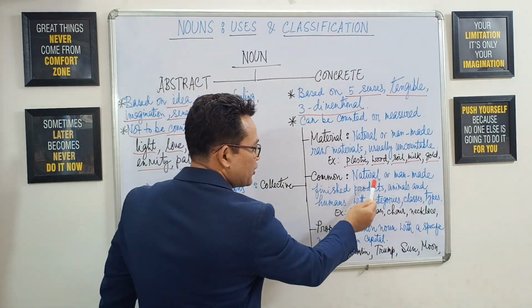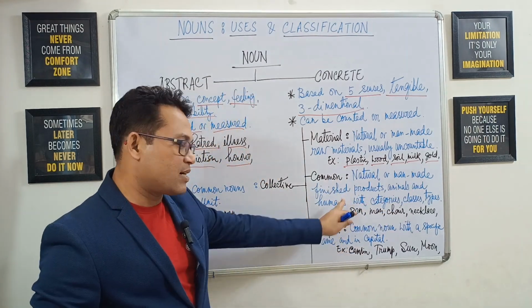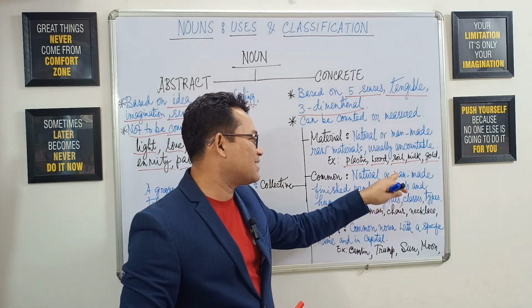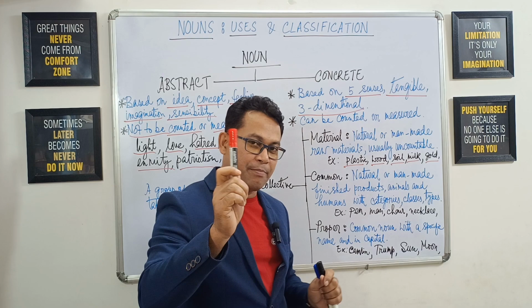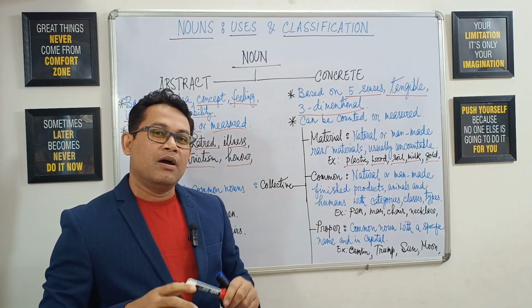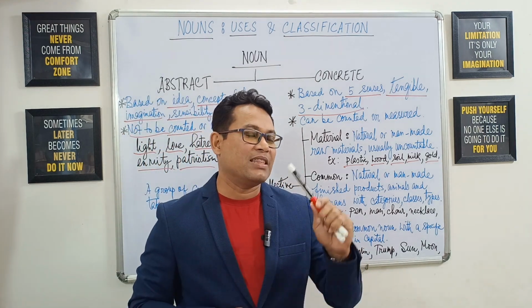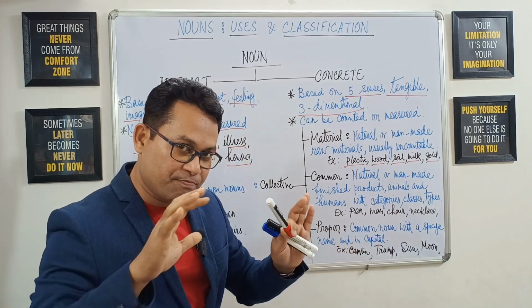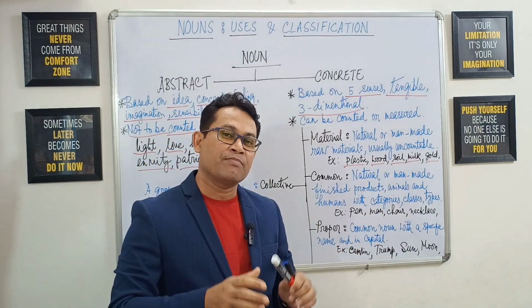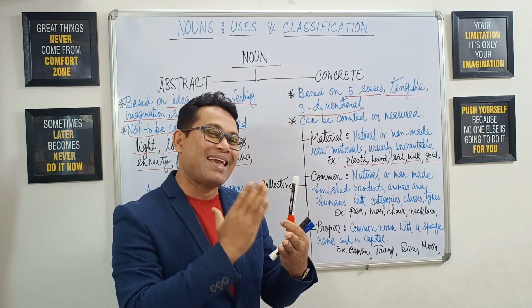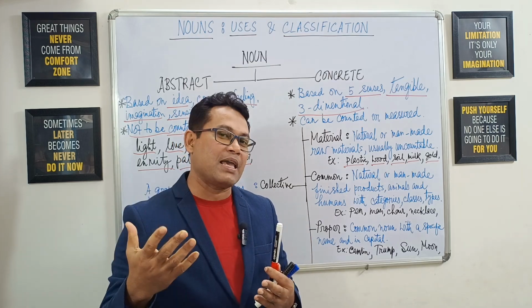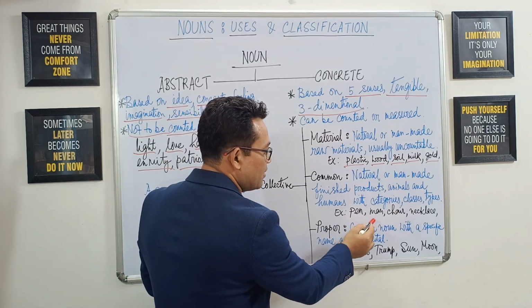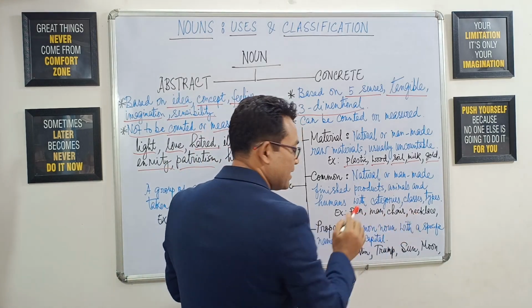So natural or man-made finished products, or animals or human beings, with categories, classes or types. That's why we call them common. For example, pen, man, chair, necklace.